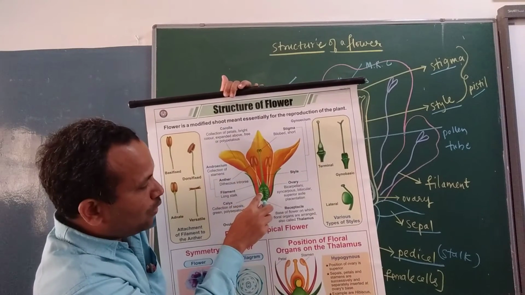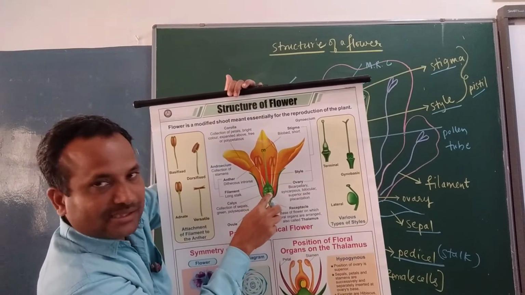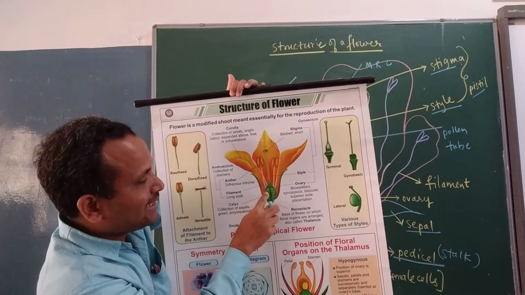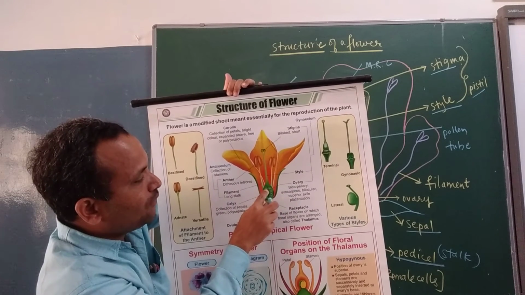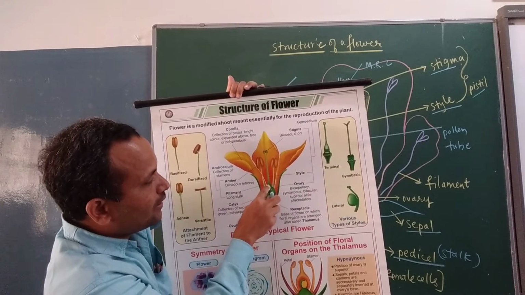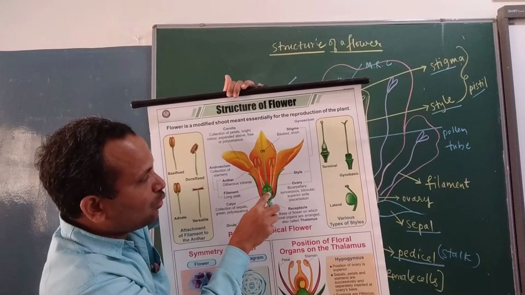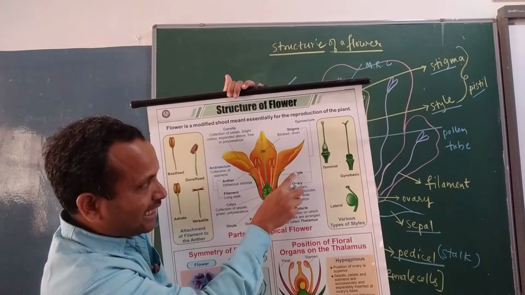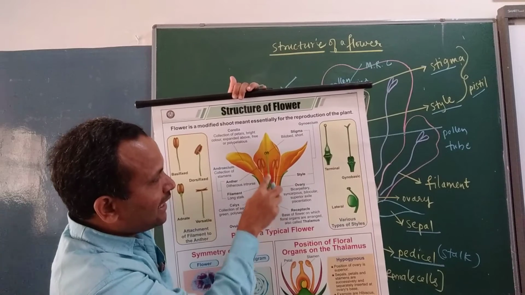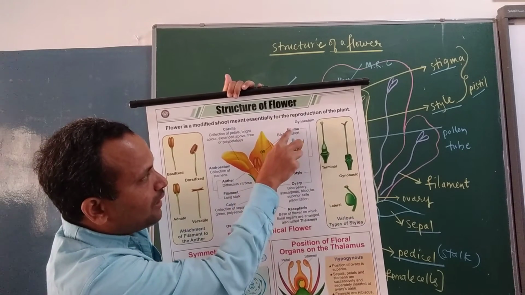Inside the ovary we have ovules. Ovules have eggs, small eggs. Here the tube will be there, the pollen tube. After the pollen tube we have the style. This style continues to form a stigma.